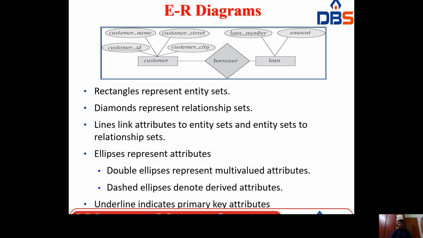Double ellipses represent multi-valued attributes. Dashed ellipses denote derived attributes. Underline indicates primary key attributes. If the underline is there, it indicates the primary key attributes.